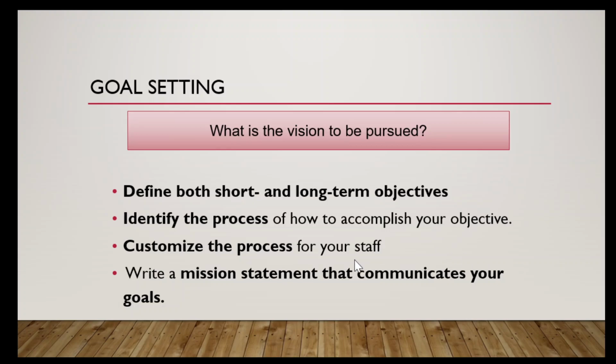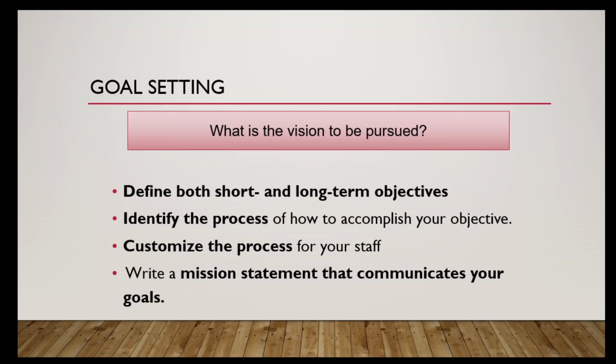Next, we need to customize the process for your staff, meaning we need to delineate specific tasks for achieving the objectives. Assign the responsibility, accountability, and time frames to each of your staff. Individual staff should have their responsibilities and tasks in attaining the specific objectives or the vision of the firm.